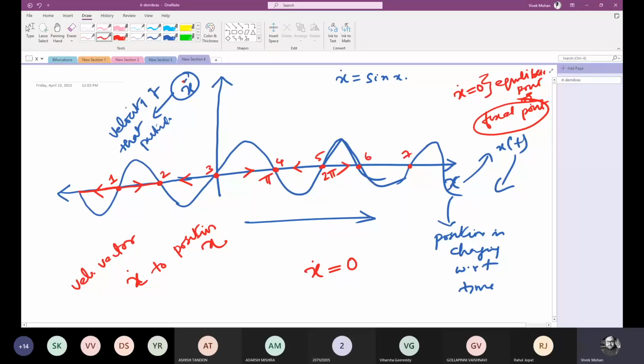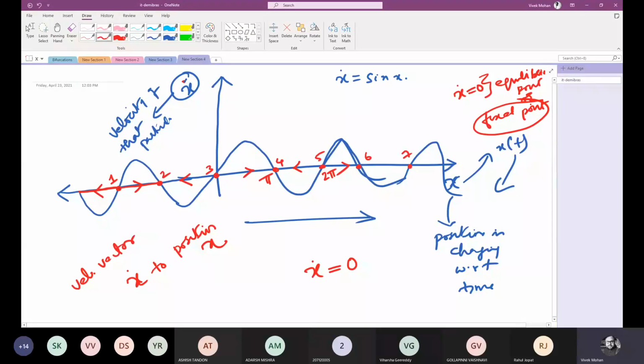What about fixed point 1? What happens to fixed point 1? Whether it's a stable fixed point or an unstable fixed point? Anybody? Unstable, sir. Unstable fixed point, because from here if we disturb the system, what happens is we are already assuming that a particle is following a path through the horizontal axis where the position x is all changing.